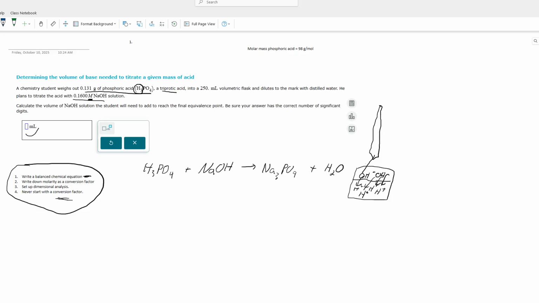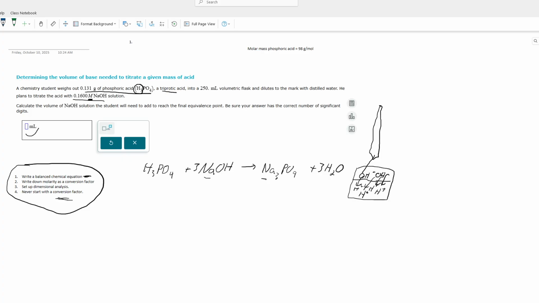Okay, so if I put a 3 right here, that gives me 6 hydrogens. I need to put a 3 right there on my sodium hydroxide, and I think that's going to balance the whole thing out for me. So that gives me 7 total oxygens on each side. That gives me the correct number of hydrogens and my sodiums as well, my phosphates. This is a balanced chemical equation.